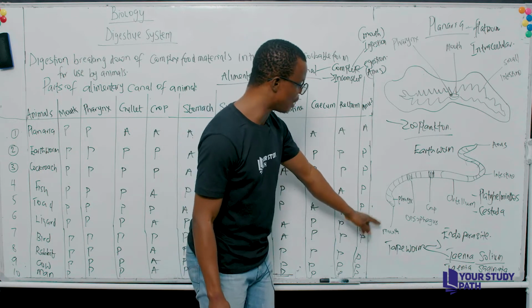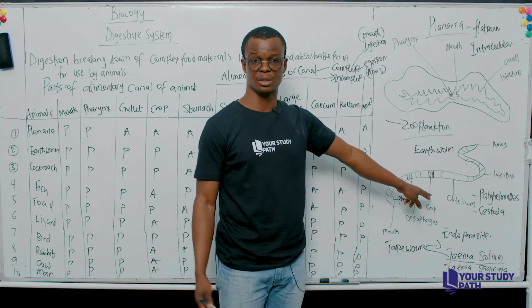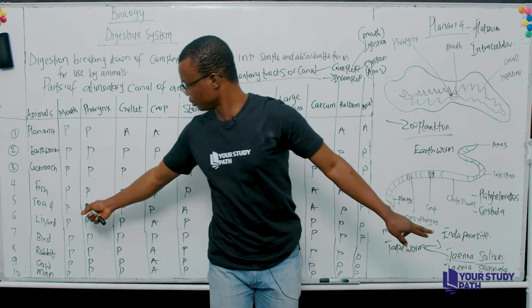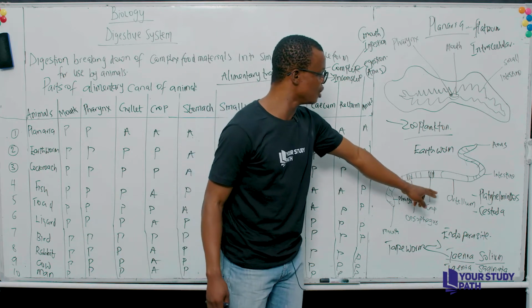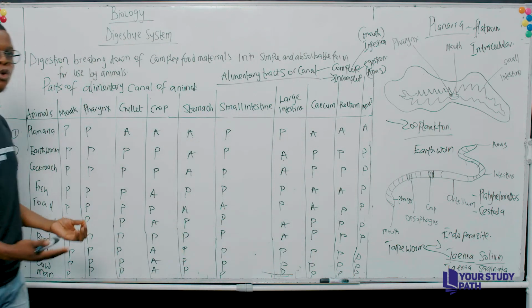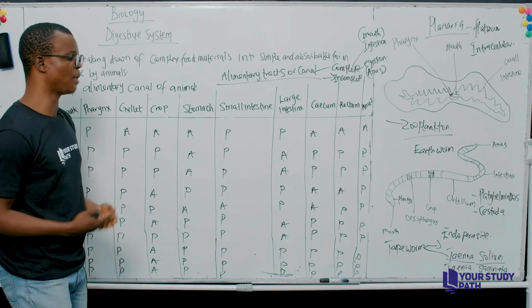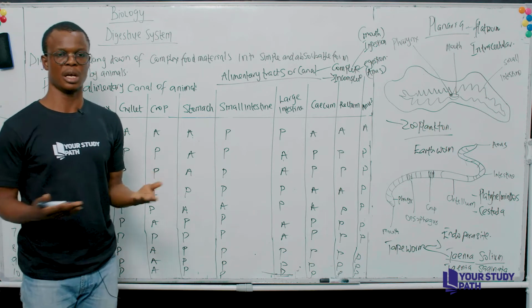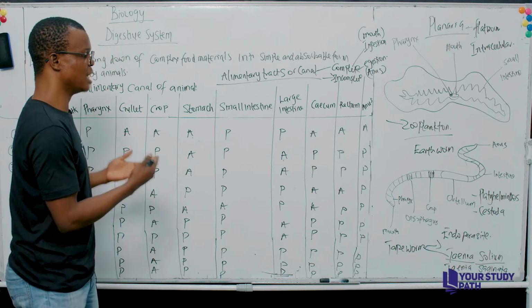We have the mouth, we have the pharynx, it has the esophagus, it has a crop, right? That's quite interesting. Just like birds have crops, it has a crop also. It has a clitellum, it has the intestine, and it has the anus. So the food they consume moves from the mouth straight to the pharynx. The pharynx is like the esophagus, the gullet, whatnot in human. It's a passage. Then it moves to the crop.